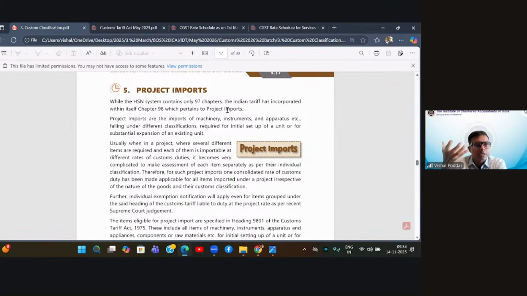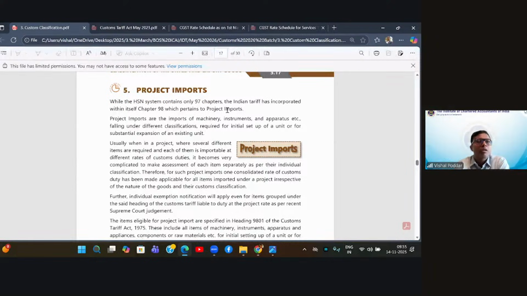For setting up this nuclear facility, I will require multiple items, and these items may be coming at different points of time and at times even from different countries. But all these are for one single project, that is making a nuclear facility. Similarly, let us say I want to create a launch pad for launching satellites.